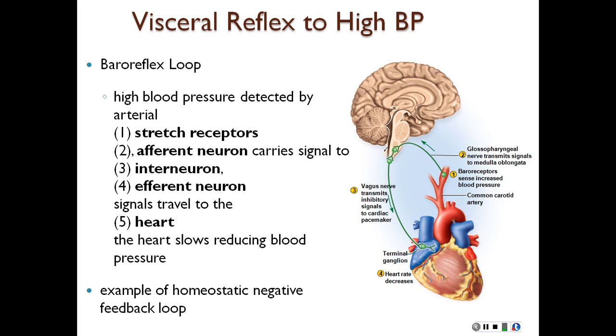Now, so what can it possibly do to decrease the blood pressure back to normal? So it decides, okay, the best way to do that, or the quickest way to do it, is to send a signal to the heart and make the heart slow down, beat slower.